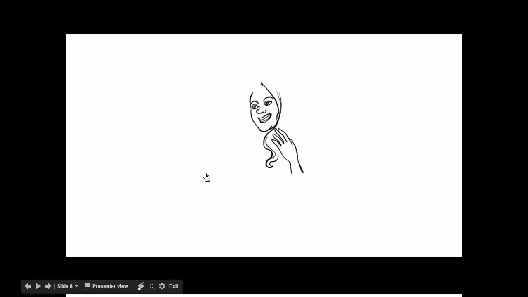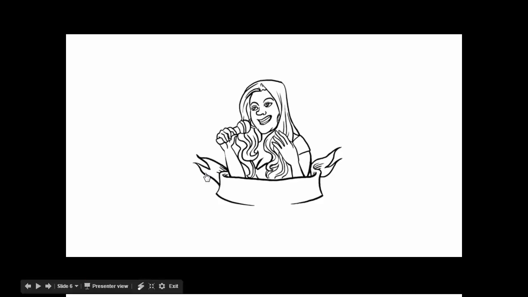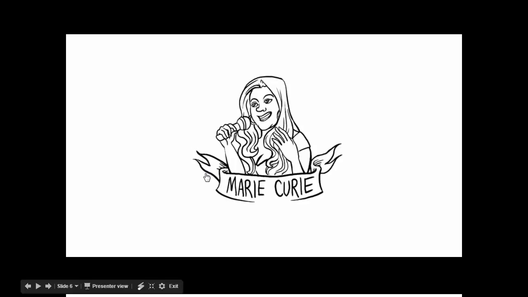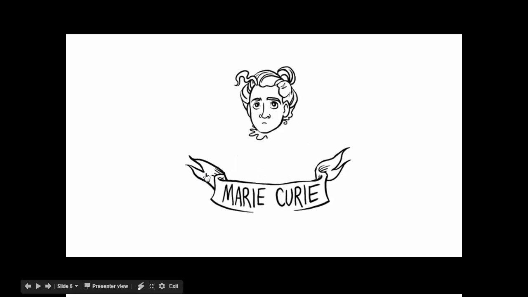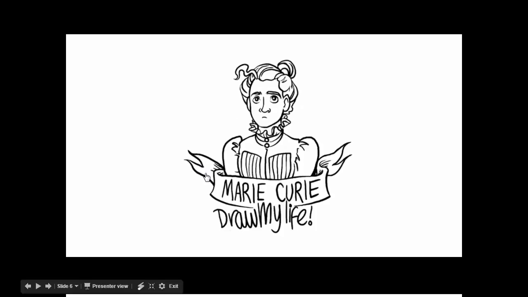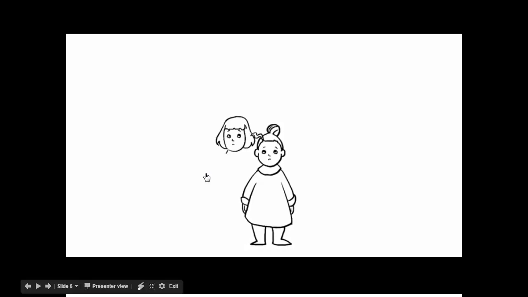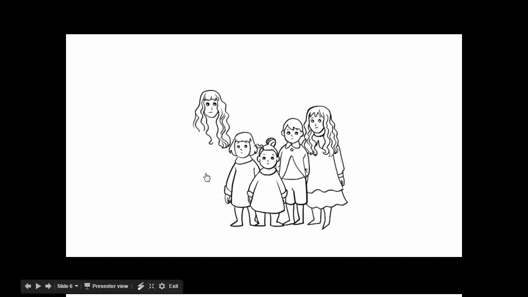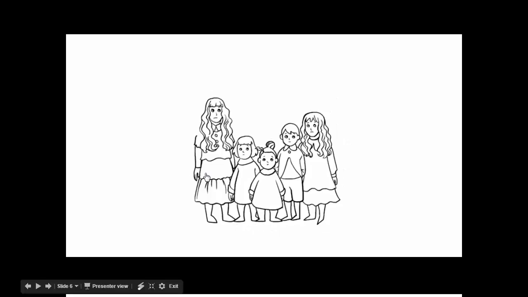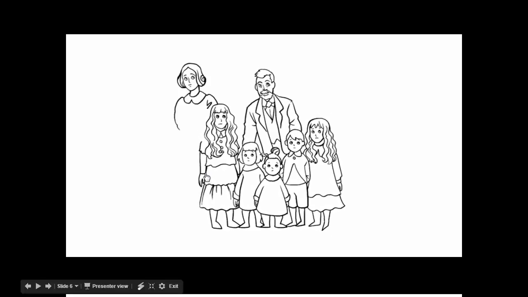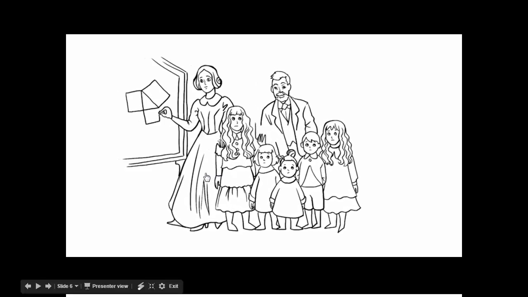Hello, my name is Marie Curie, and I'm going to draw my blood. No, that's not what I meant. That's much better. I was born Maria Sklodowska in Poland on 7 November 1867. I came from a very poor family and was the youngest of five. My parents were teachers, so they made sure we appreciated the value of learning.